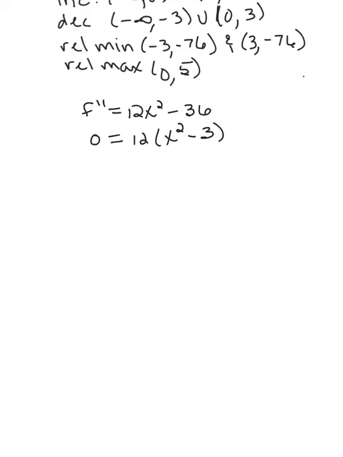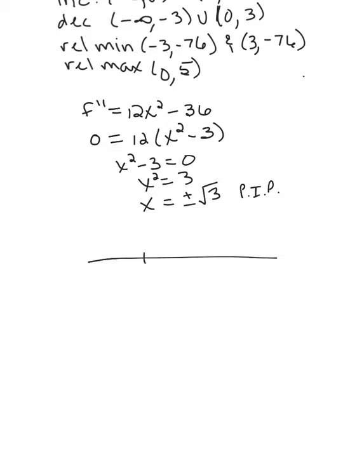The 12 gives us no critical numbers because there's no variable there. So all we need to look at is the x squared minus 3 equals 0. Add 3 to both sides, you get x squared equals 3. Take the square root of both sides, you get plus or minus the square root of 3. So our two possible inflection point values are plus and minus the square root of 3.